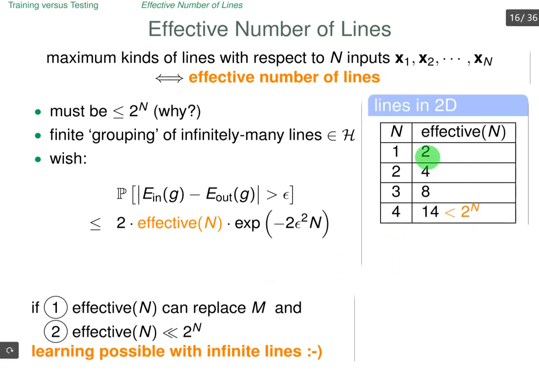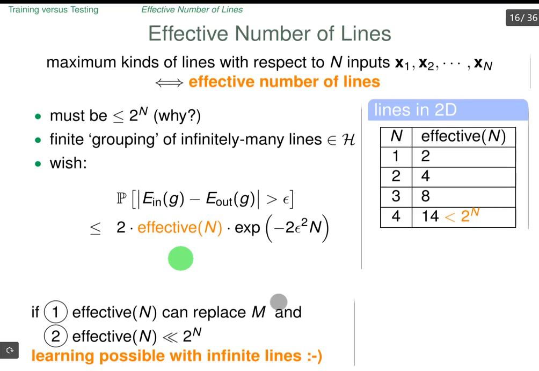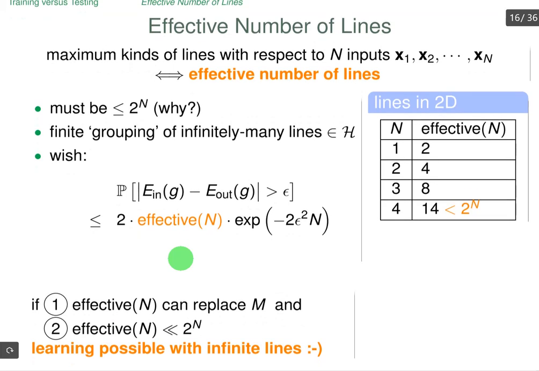So why do we care about the effective number of hypotheses? Initially we wanted to come up with something that will replace our M. In the original Hoeffding inequality we had M, the total number of hypotheses. And we asked, what happens if M is infinite?